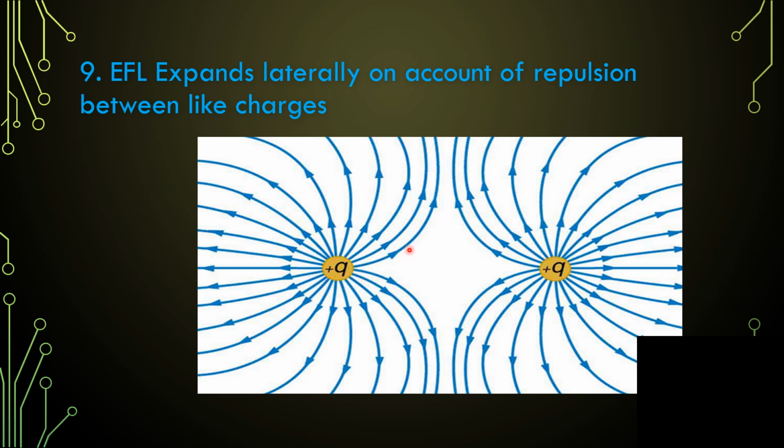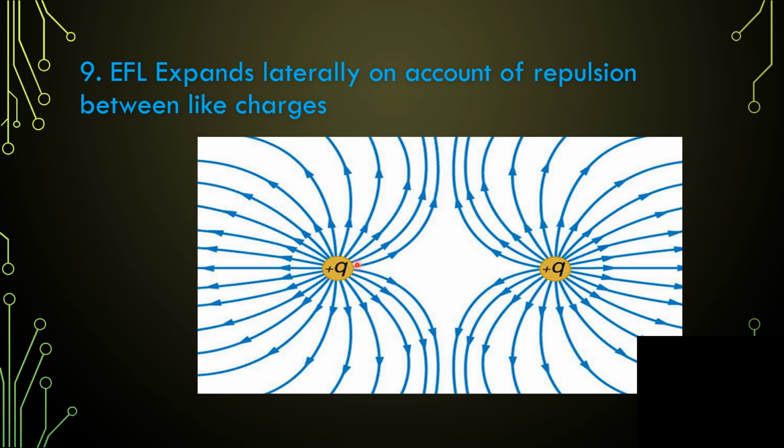Wherever you want to observe the direction of electric field line, imagine one test charge. The test charge goes away from the positive charge because of repulsion, and as it goes like this, it experiences another repulsion because of the second charge. That's why you are observing that here the field lines are curved.